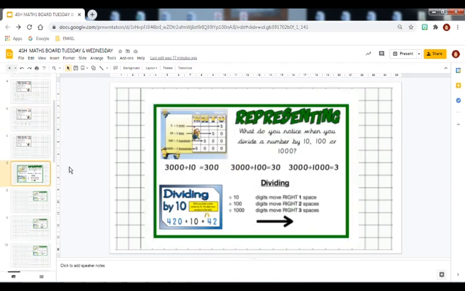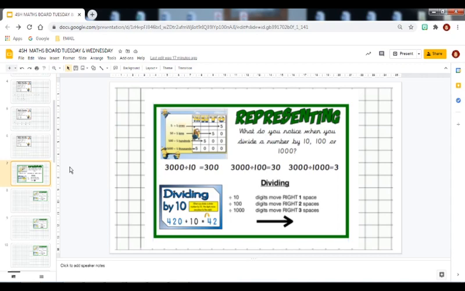Now, today's lesson. I know before Christmas we used an example of this to help you to understand how to multiply by 10, multiply by 100, and multiply by 1000.